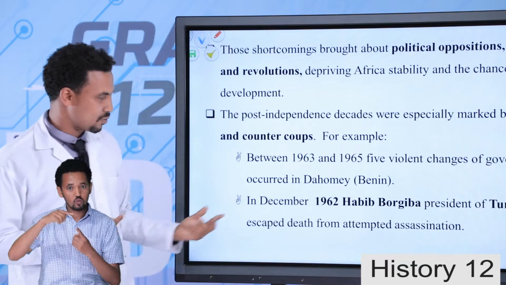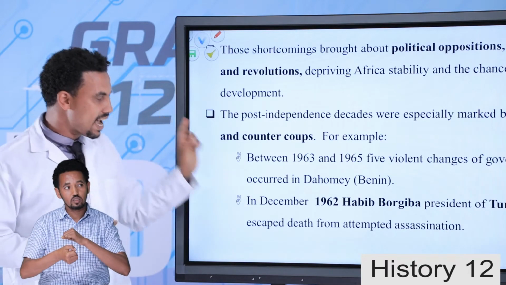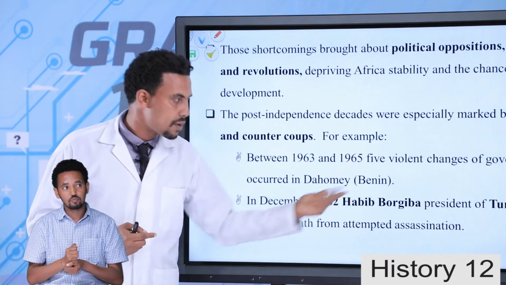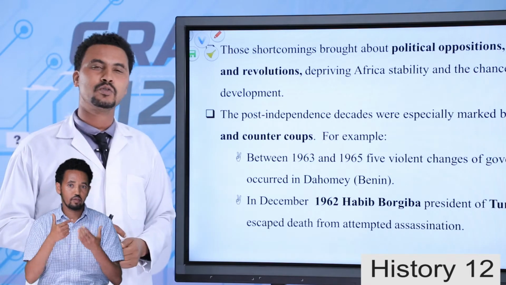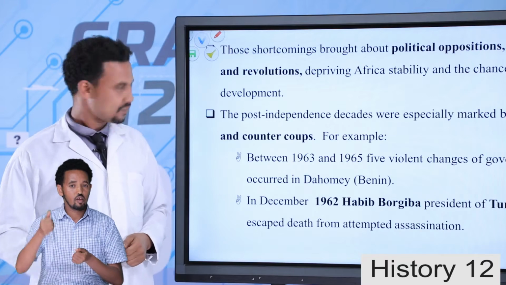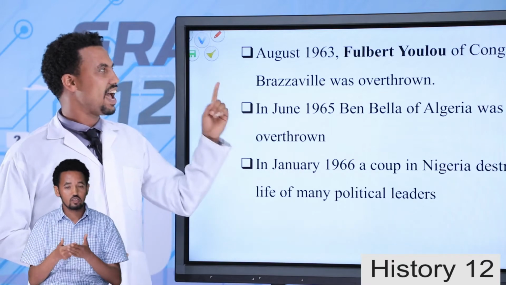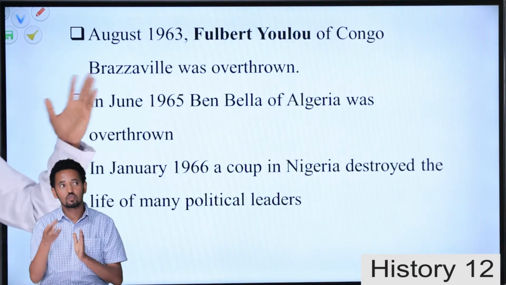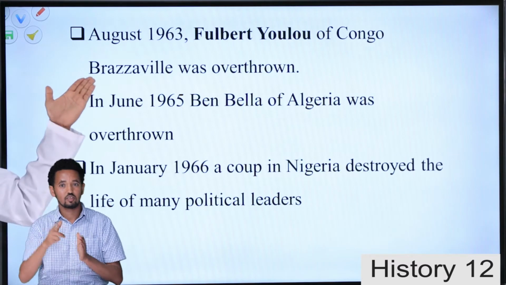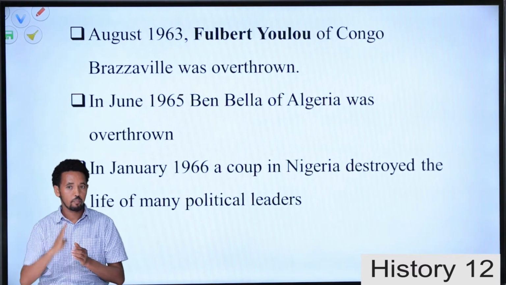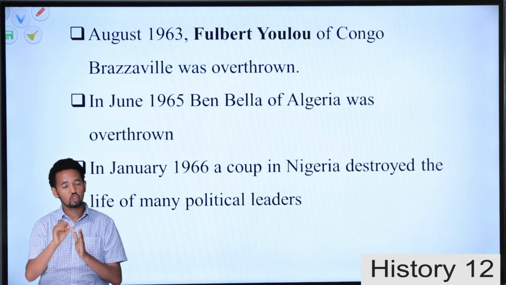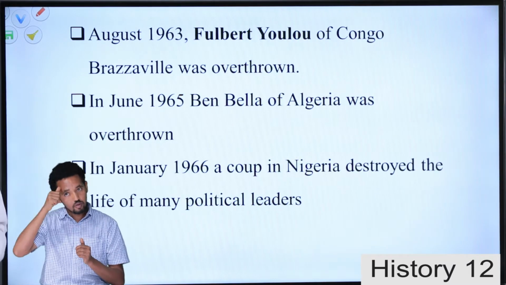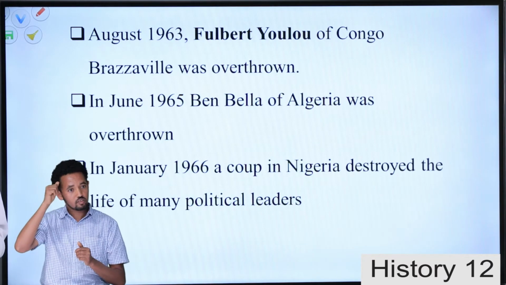In another country, for example, in December 1962, Habib Bourguiba, the president of Tunisia, barely escaped an assassination attempt. In August 1963, Fulbert Youlou of Congo Brazzaville was overthrown from power. In June 1965, Ahmed Ben Bella of Algeria was overthrown from power.